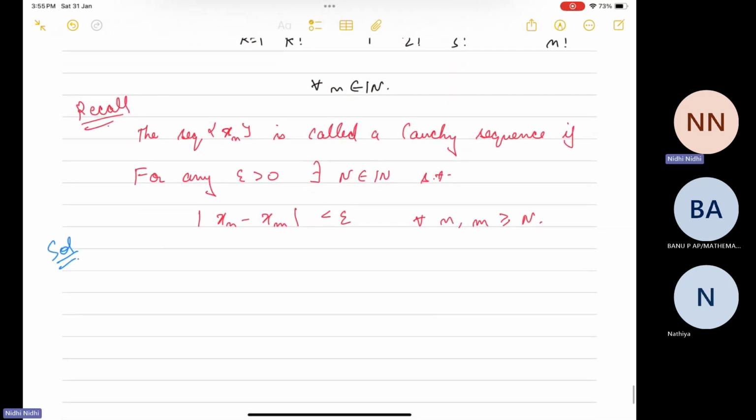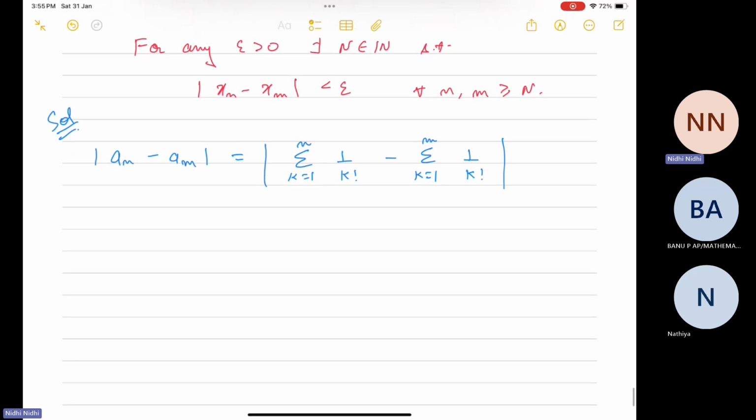For that, we need to check how the modulus of an minus am looks like. By definition, this is summation k from 1 to n of 1 by k factorial minus summation k from 1 to m of 1 by k factorial. So the initial terms will actually be the same, so they'll get cancelled out.